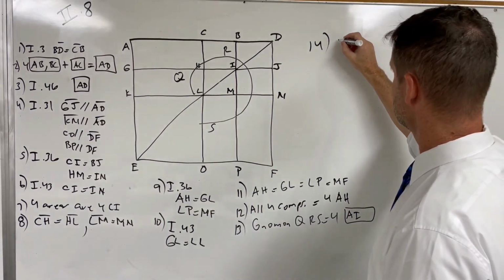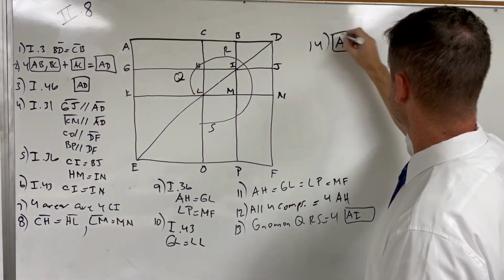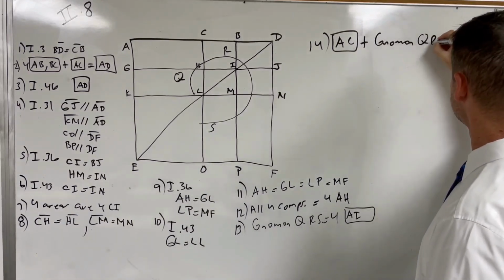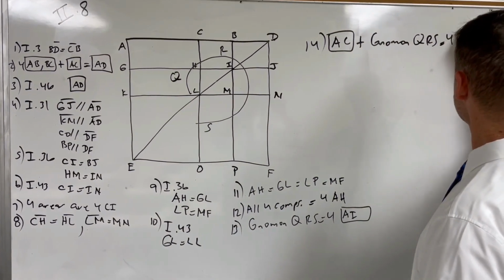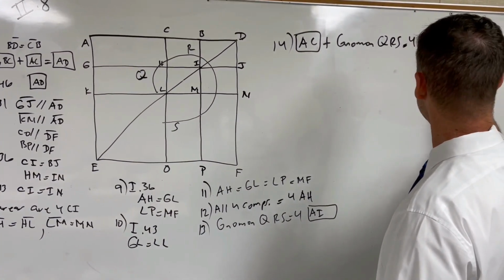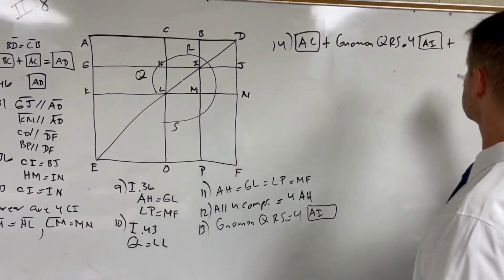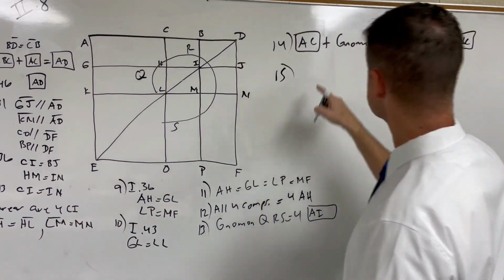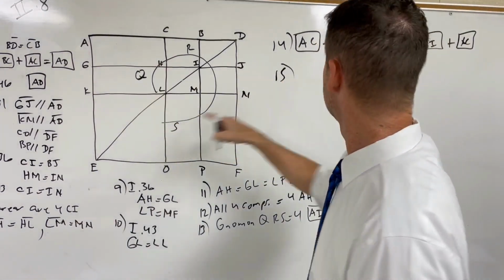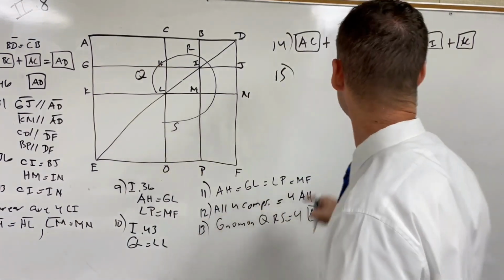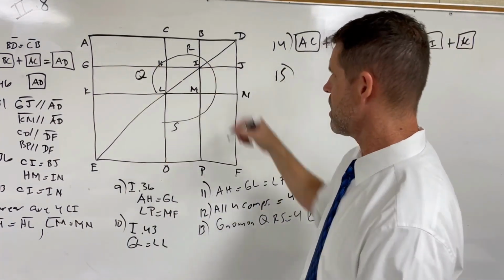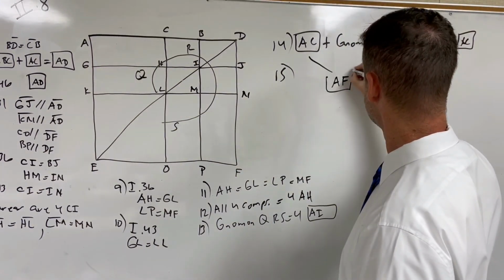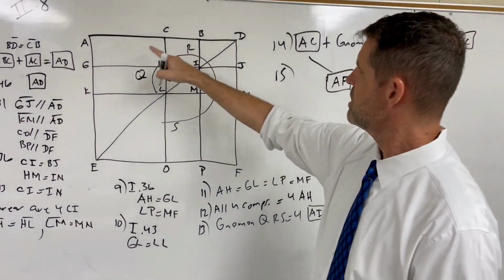So we can say that AC squared plus the gnomon QRS equals 4 times the rectangle AI plus the square on AC. But we can see that the square on AC, which is basically KO, plus the gnomon QRS is the whole figure AF. So all that is the whole figure AF. But the whole figure AF is the square on AD.